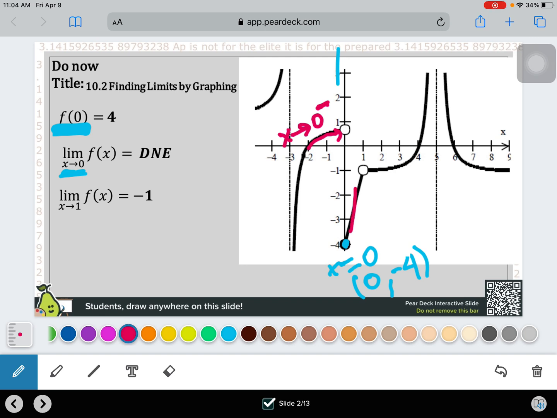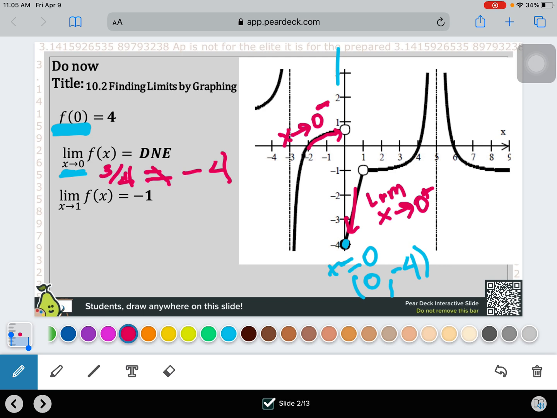And when we approach from the right, the little plus sign exponent, we see that it's -4. So this 3/4 is not equal to this -4. Well, the struggle is real.